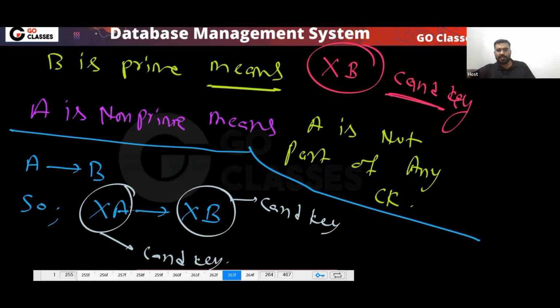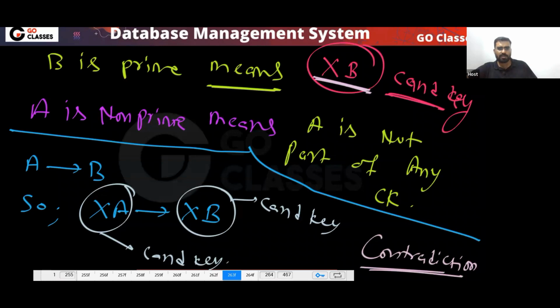Basically this XB is a candidate key. So if XA determines XB, then this will become a candidate key, because you can replace this B with A. So that is the contradiction.